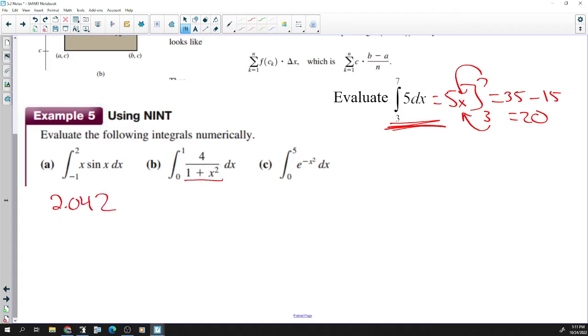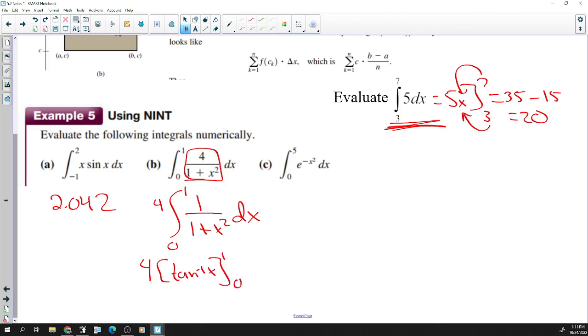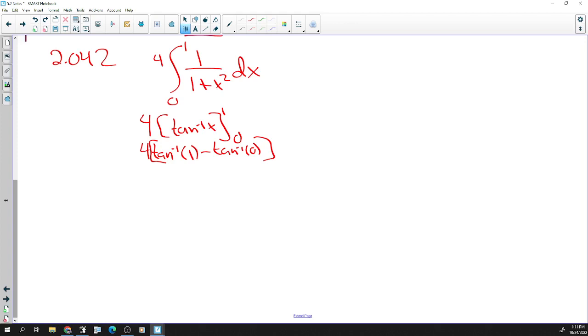Now the antiderivative of this, if we pull the 4 out, well that's the derivative of inverse tangent. So 4 times inverse tangent, and I've told you that you plug 1 in, and then you plug 0 in, but it's always minus. Inverse tangent of 1 is pi over 4.